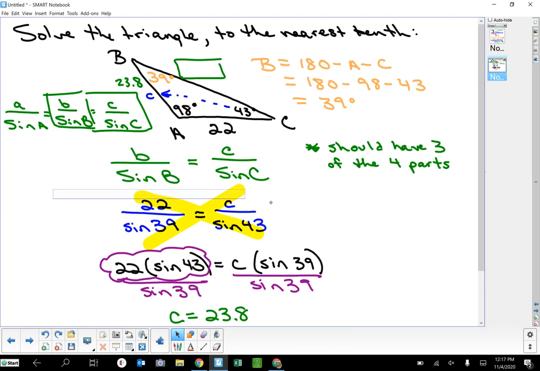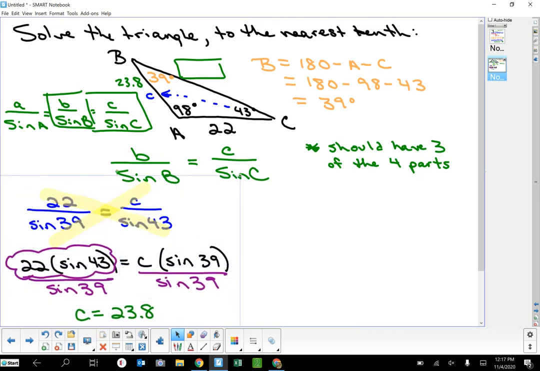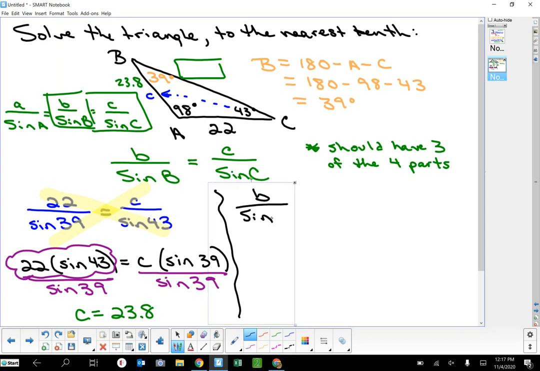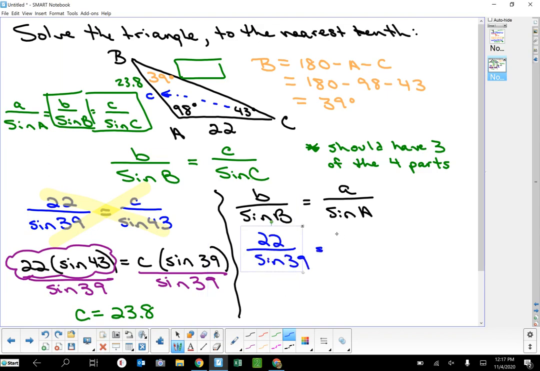All I'm going to change to find the other side is I'm going to now do B over sine B equals A over sine of A. So the B side's going to stay the same. 22 over the sine of 39 equals, I don't know side A, that's what I'm trying to find, over the sine of 98.